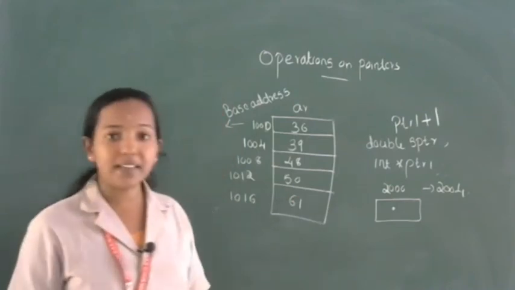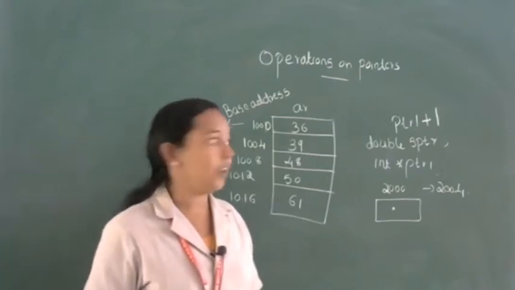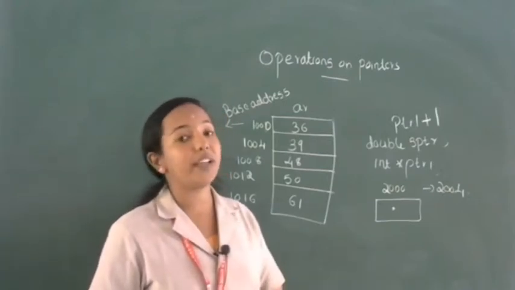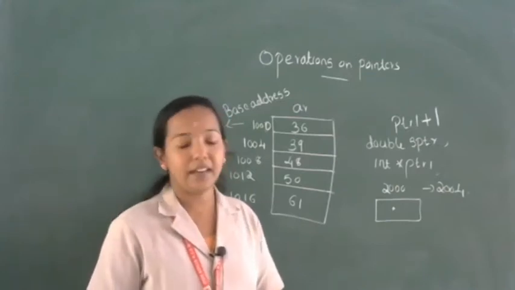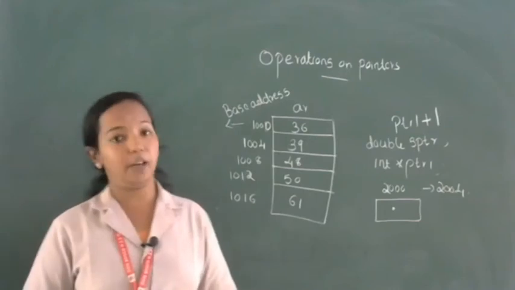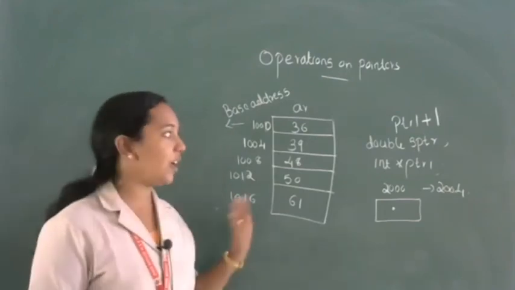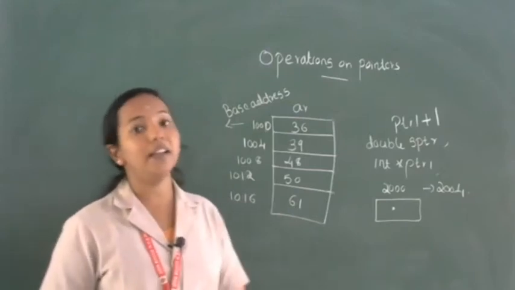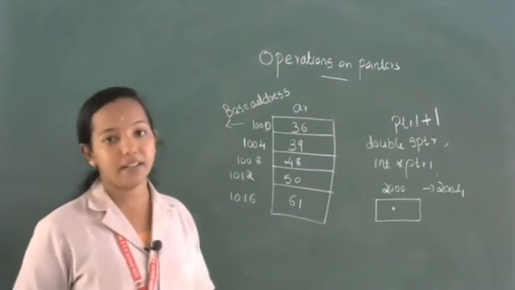Clear? That is integer and also double. When we are incrementing, it increments according to the type of data. Then in pointer arithmetic, we are only using increment and decrement operations. We can increase and also decrease. Only those two operations are possible in pointer arithmetic.